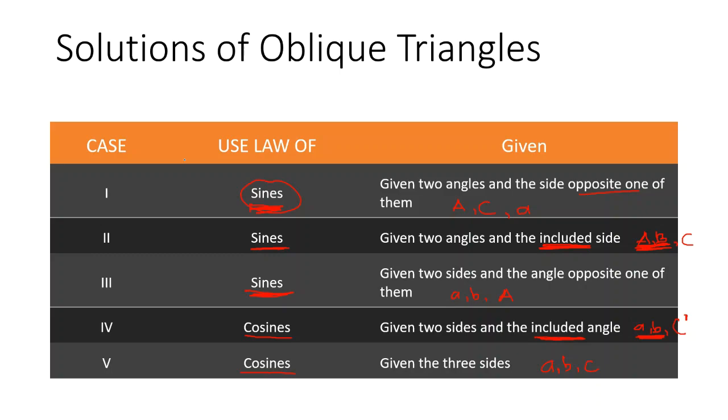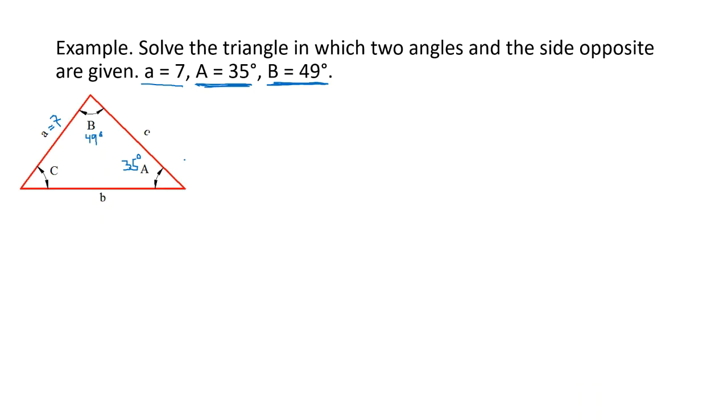Meaning to say, we are going to use the sine law. In order for us to solve the triangle, we have to find side B, and we have to find C. And as we know, the sum of the angles inside the triangle is 180 degrees, right?